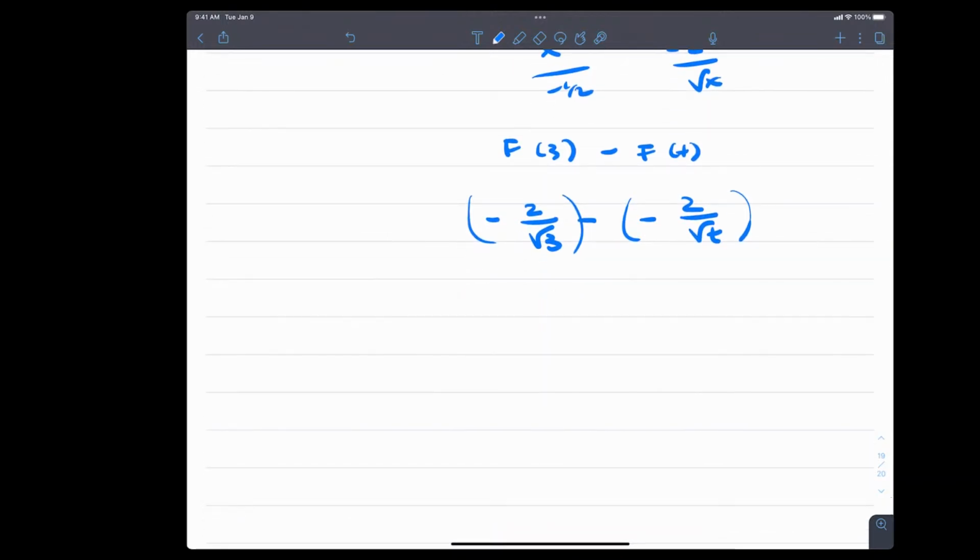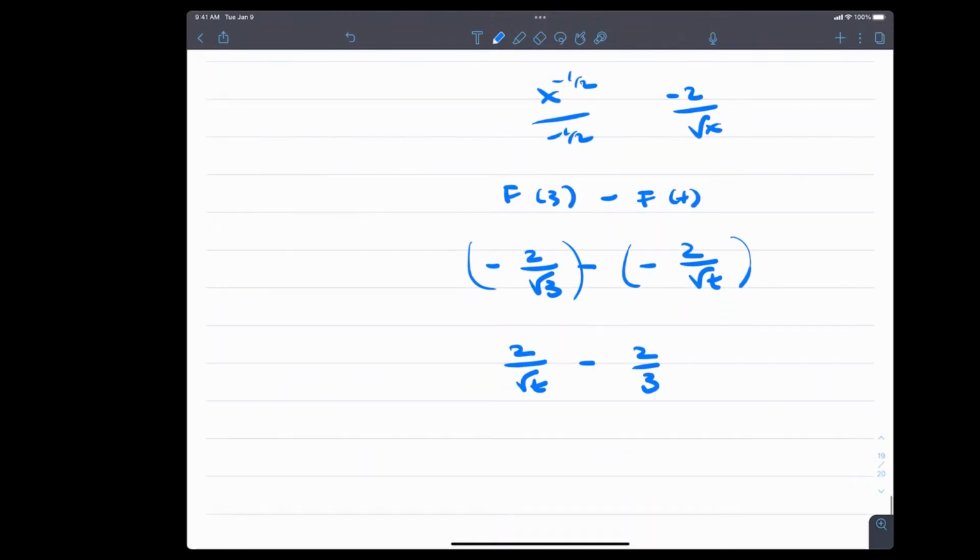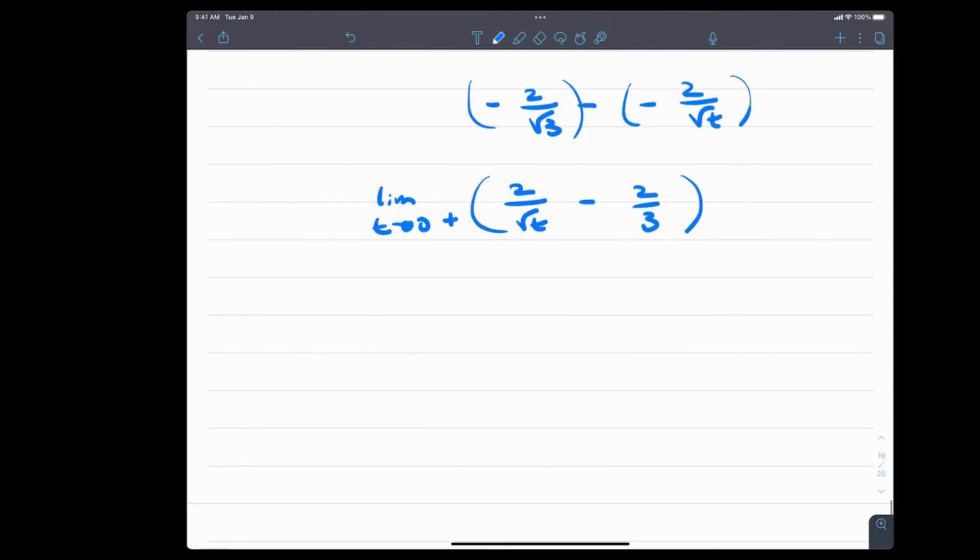And then minus and minus, you're going to get 2 square root of t minus 2 square root of 3. Okay, now you got to take the limit. T goes to 0 from the right. So properties of limits. Limit as t goes to 0 from the right of 2 square root of t minus that 2 square root of 3.